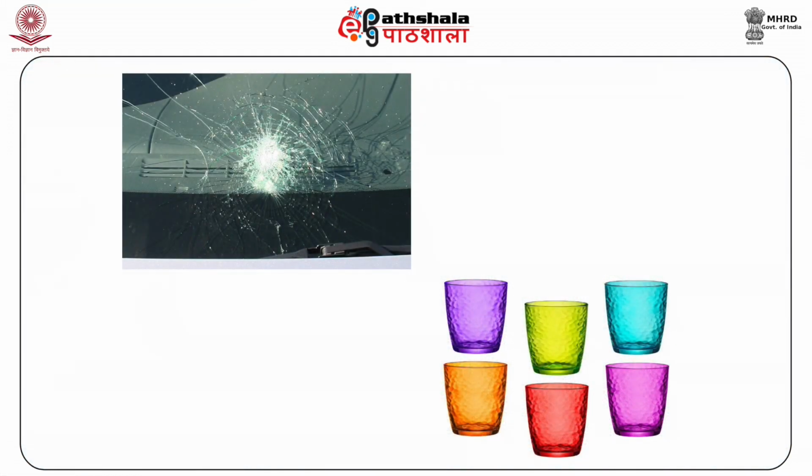For example, windshields have a different color and composition than a drinking glass or a lead crystal vase. So, glass fragments on an individual's clothing could be compared to those collected at a hit and run scene to determine if that individual was present.